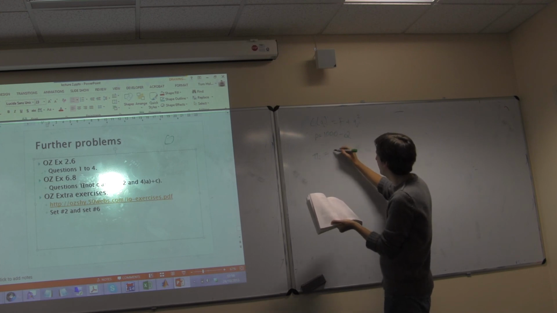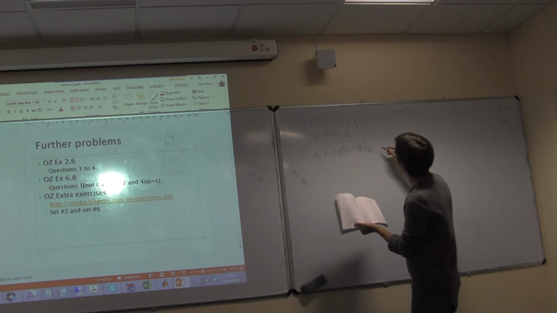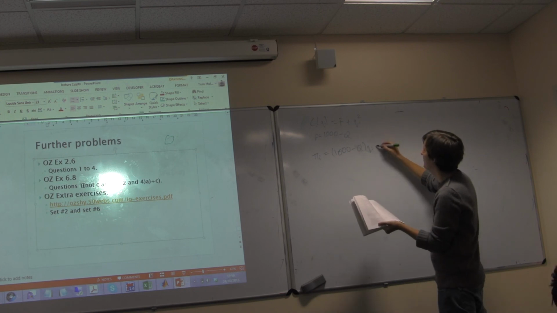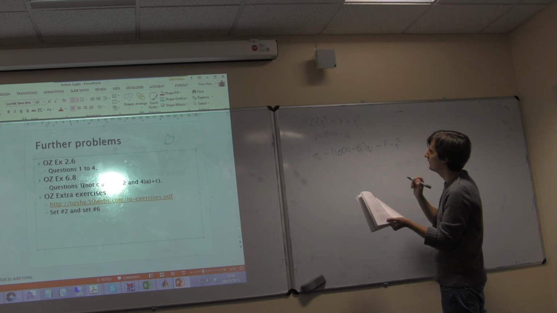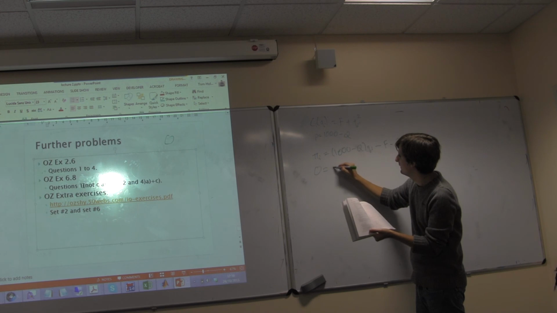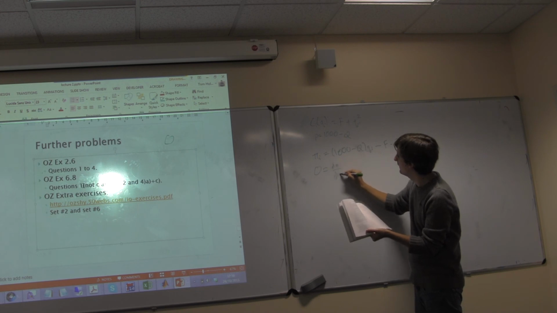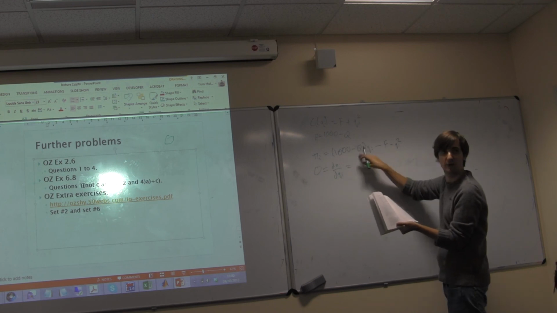You get price times quantity, (1000 minus Q) times little q, minus total cost. So at the optimum, again, you use your product rule here.